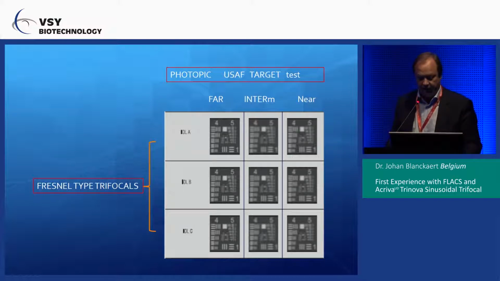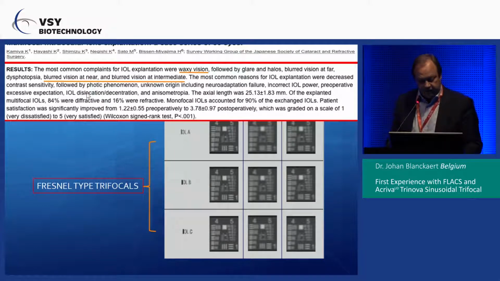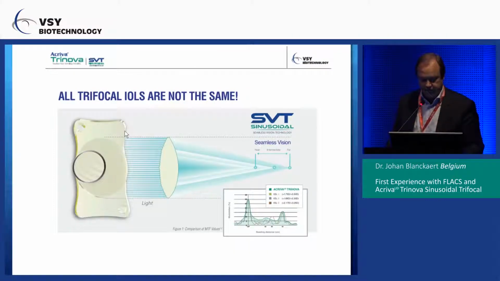That's what we had before. In mesopic conditions, it gets worse for the intermediate and the near, but somehow the far vision stays the same. But we have complaints with Fresnel types of trifocals, like waxy vision, blurred vision at near, blurred vision at intermediate. So we have some concerns.